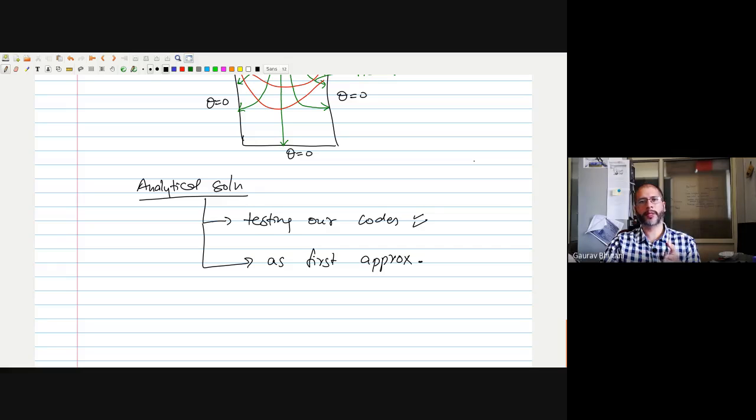Computers can only do calculations. They can add, subtract, multiply, and divide. So what we have to do is take this partial differential equation that we had.